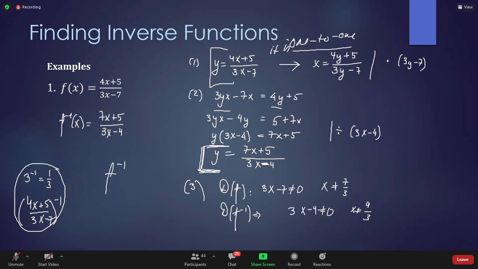This kind of function where we have ax plus b over cx plus d as the quotient of two linear expressions, this kind of function is one-to-one, and not today, but next time, I think on Friday, we will spend a few minutes discussing this type of function.